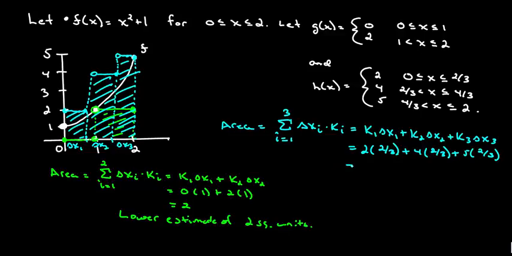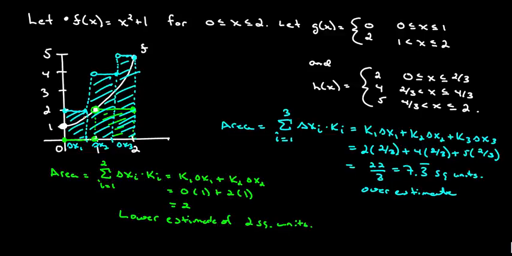So now we'll do this computation, and we should get 22/3, which is 7.3 repeating. That's square units, again, because it's an area. And this is an overestimate for the area underneath the curve f.